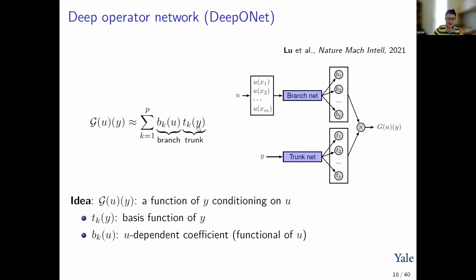Then for specific input, we will have different coefficients for the basis function. Then the branch net will predict the coefficients, and the trunk net is a way we construct the basis function. So basically we use this specific network to learn what's the optimal basis function for the specific PDE.